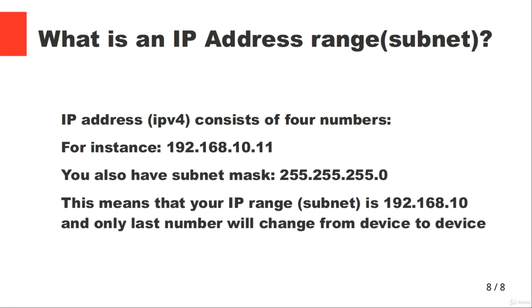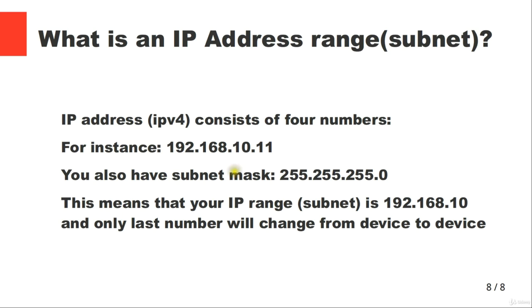What is an IP address range or subnet? IP address version 4 consists of 4 numbers. For instance, I'm talking here about private, for instance, we have 192.168.10.11.